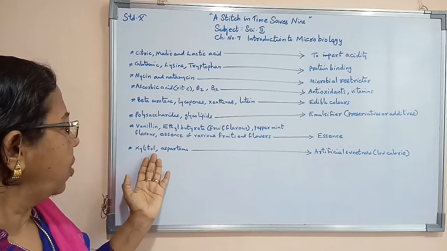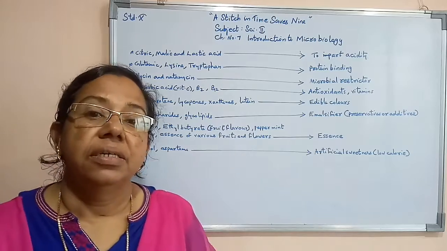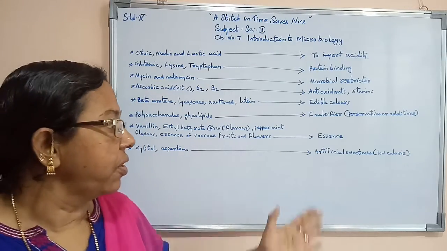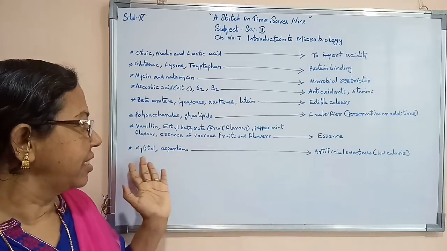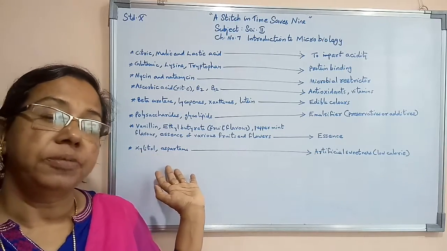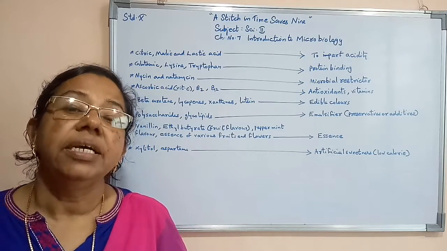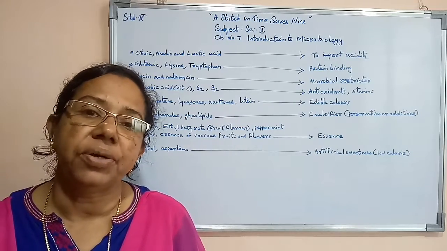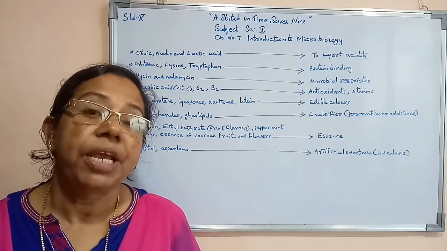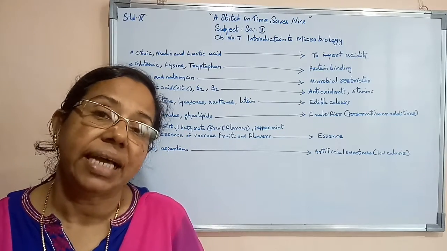Then xylitol and aspartame are substances that help in making artificial sweeteners. These substances are made by the microbes, and with their help we are getting artificial sweeteners. It's a specialty sugar. Our sugar, which we use at home, has high calories, but at the same time artificial sweeteners have fewer calories.